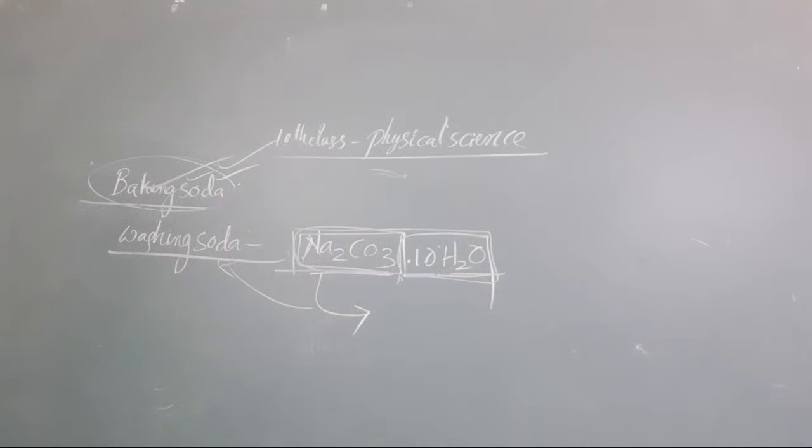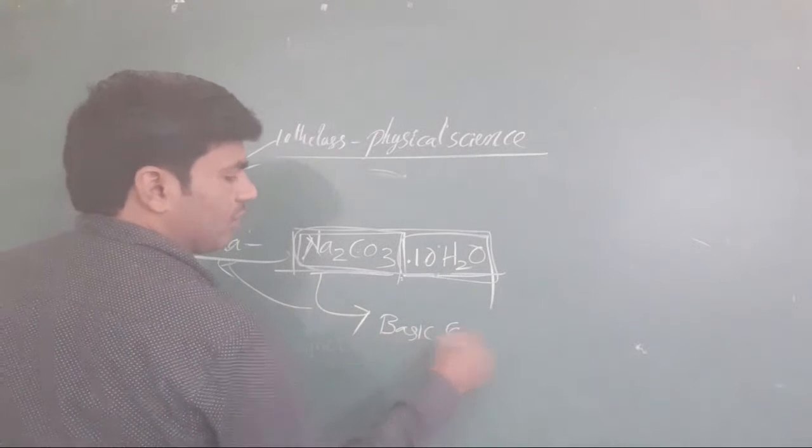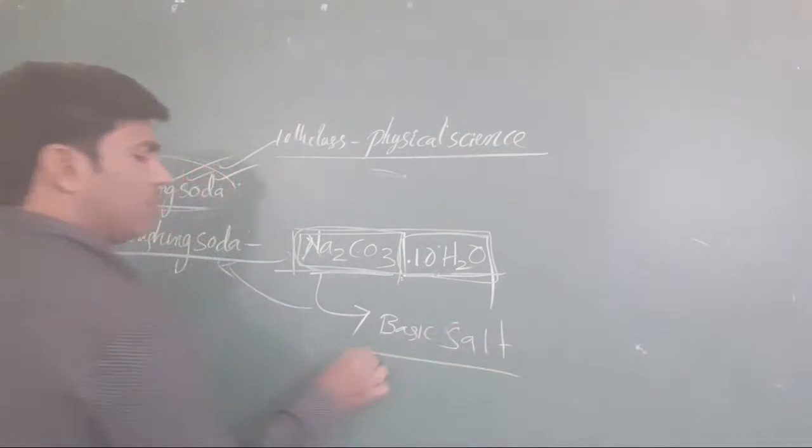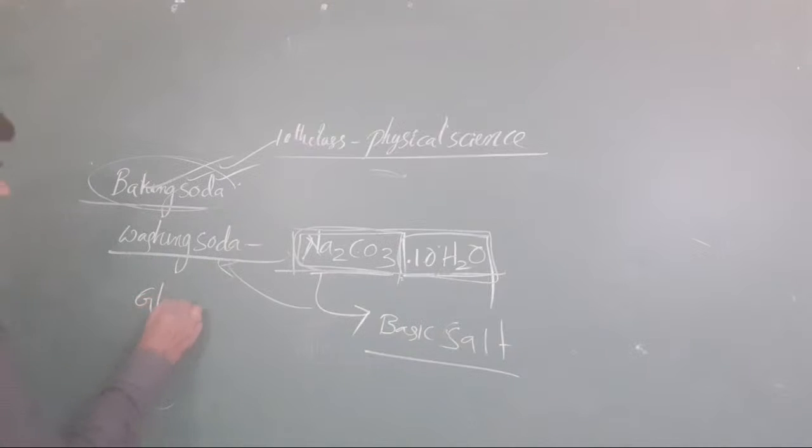You know very well that washing soda is used in many ways. It is also a basic salt only. It is not an acidic salt, it is basic in nature. It is used in glass and soap industries, and also in the manufacture of sodium compounds such as borax.